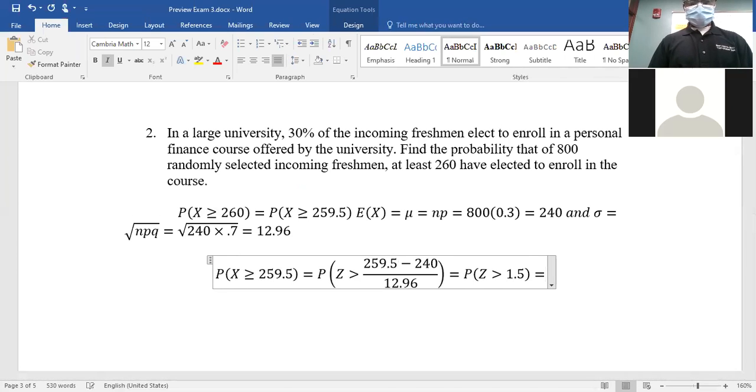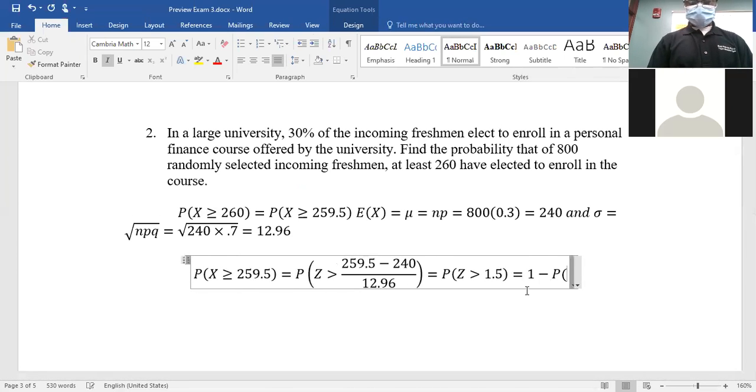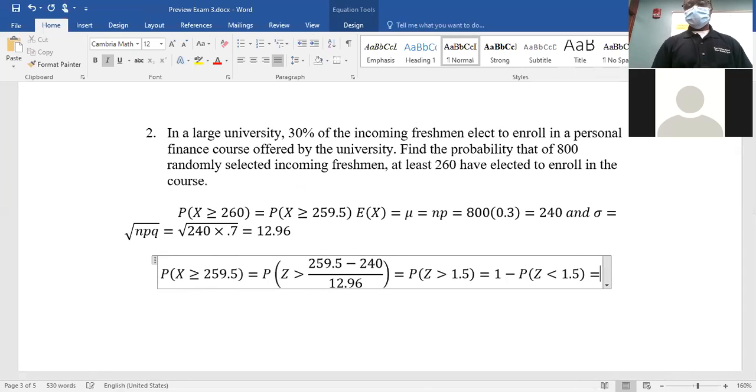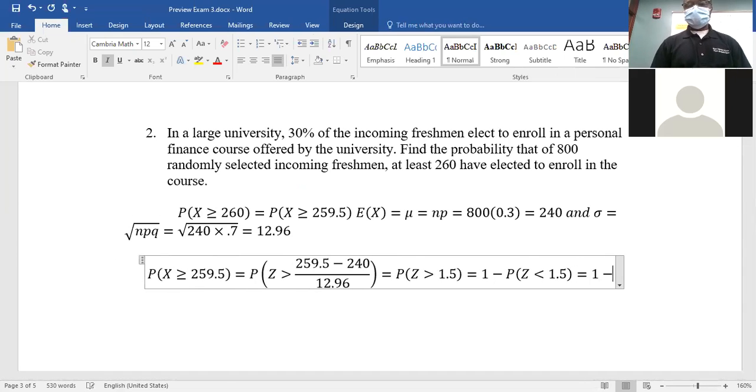So this is equal to 1 minus the probability that Z is less than 1.5. 1 minus 0.9332.